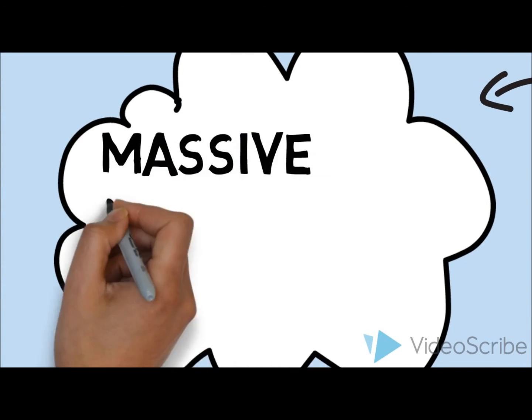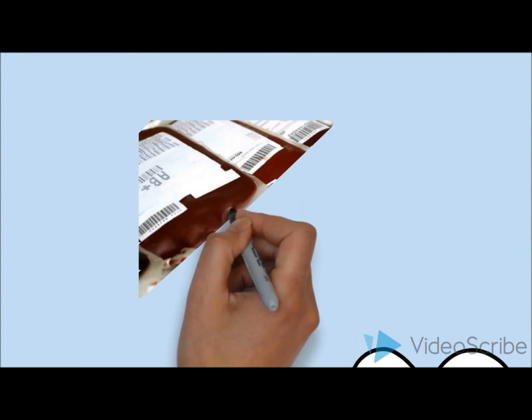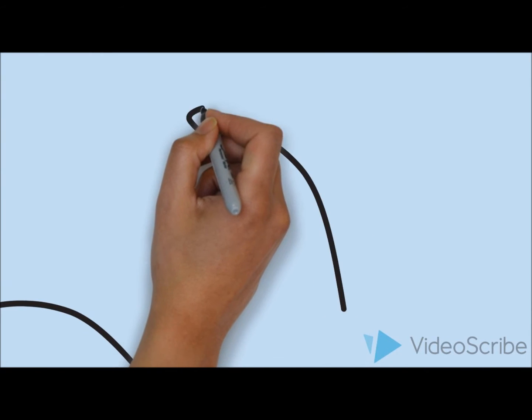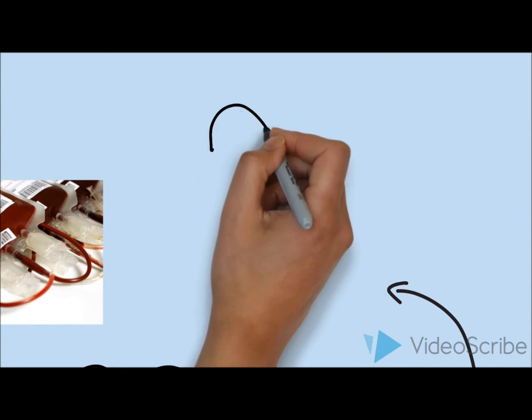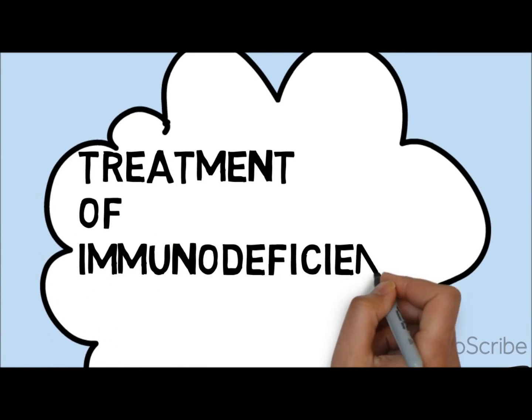Fourth, it is used in massive blood transfusion: massively transfused patients who have clinically significant coagulation deficiency and hypovolemia. Fifth, it is used in treatment of immunodeficiency, meaning it is used in management of patients with rare specific plasma protein deficiency.